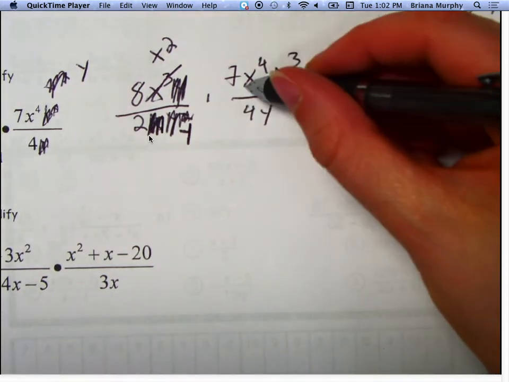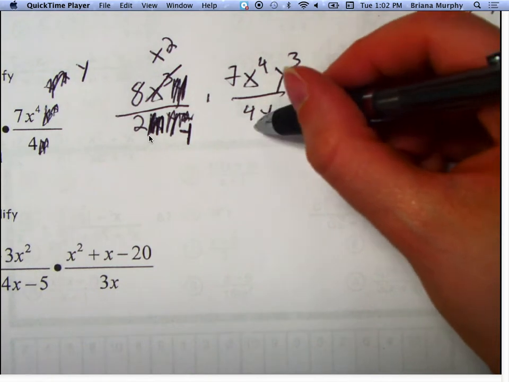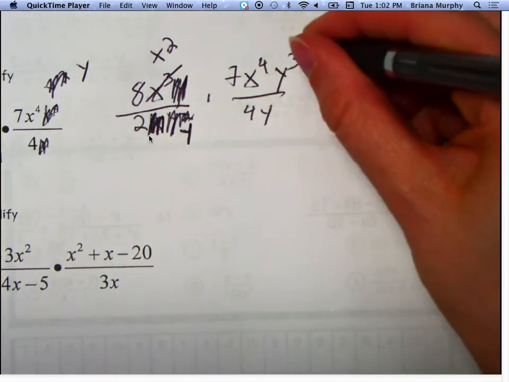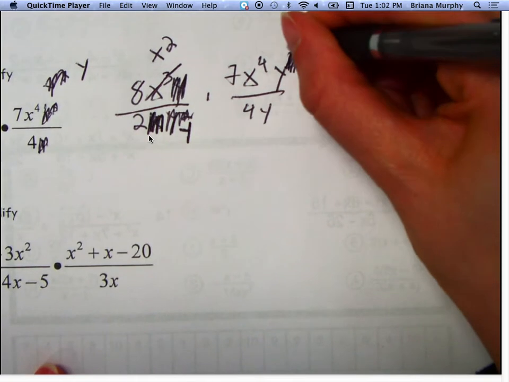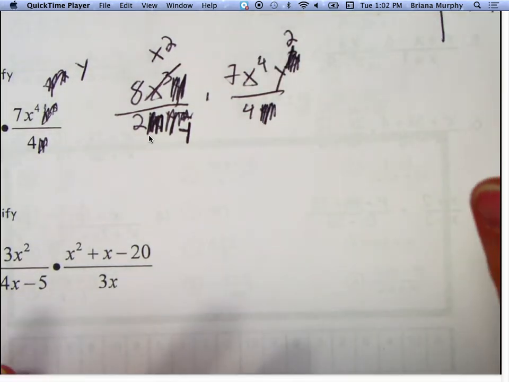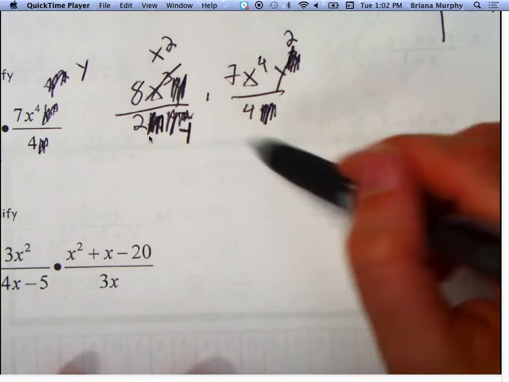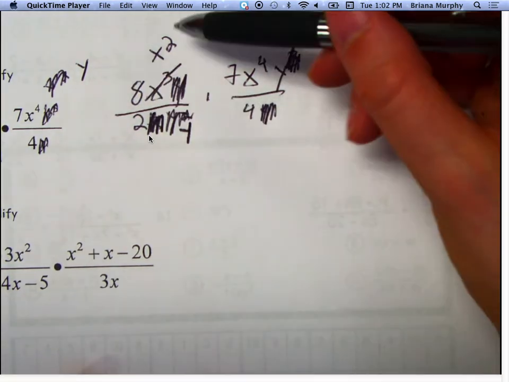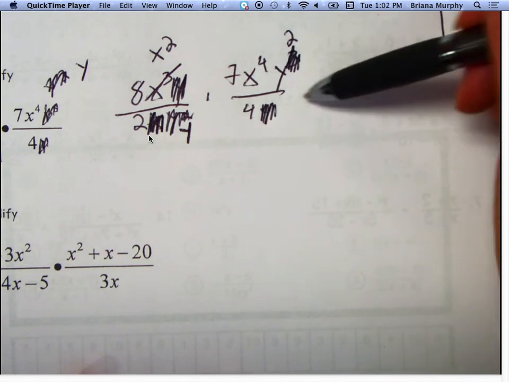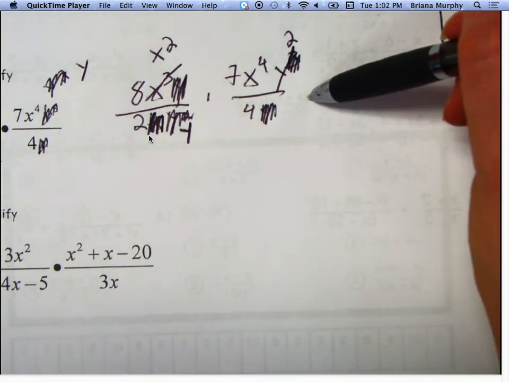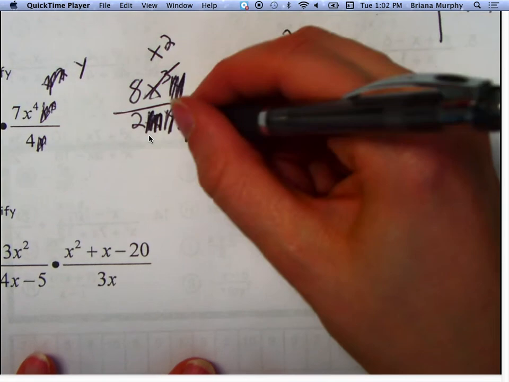For here, I've got 4 x's on the top, nothing on the bottom. I've got y cubed on the top, just y on the bottom, so I'm going to cross this off and change it to y squared. Cross this y off. So far, so good. Now I'm going to go across. I've got x squared and x to the fourth, but nothing on the bottom, so I can't cross any of my x's off, correct? Now I'm going to cancel out my y's because I've got a y on the bottom.